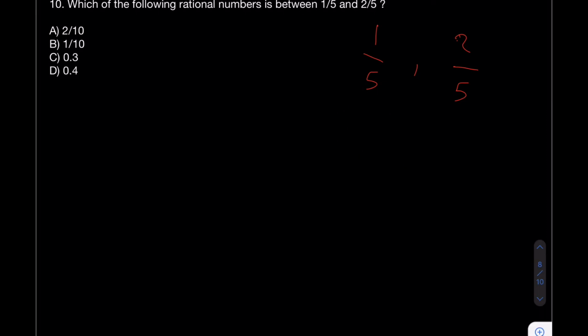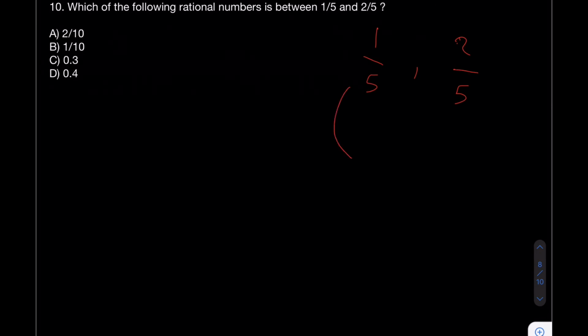Right, so 1/5 and 2/5, right? And here we have the choices. So 1/5 is the same as saying 2/10, right? If you multiply both top and bottom by 2, you get 2/10. So that means it's not this. Oh, yeah, we're using process of elimination.